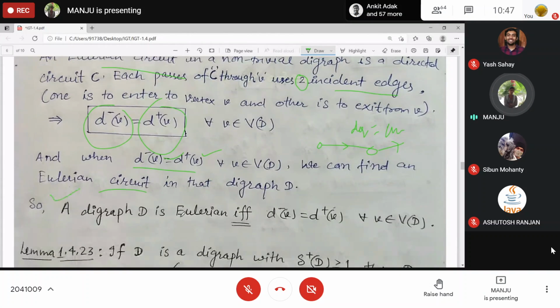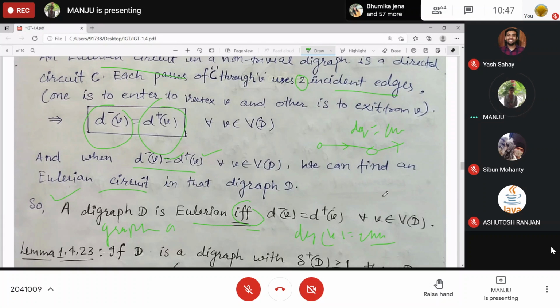A digraph D is Eulerian if and only if the in degree and out degree are equal for all the vertices. Clear? And what was the graph definition? A connected graph G is Eulerian if and only if the degree of any vertex is even.